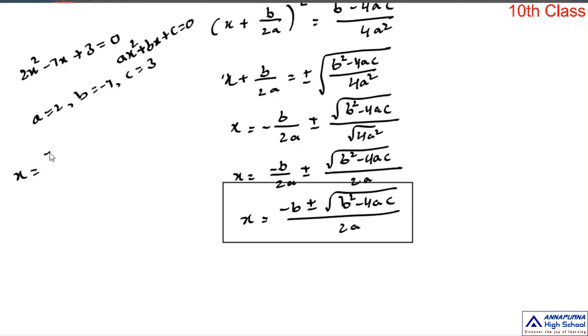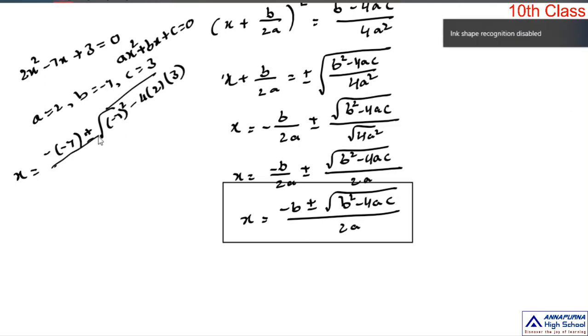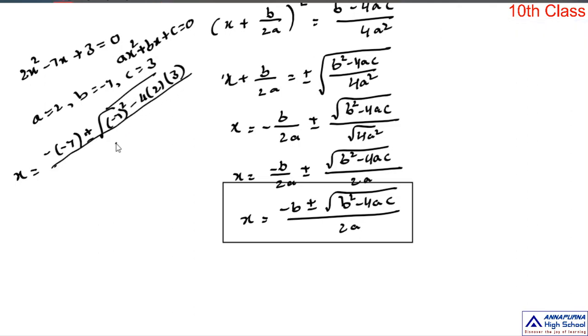x is equal to minus b, minus of minus 7. One minus is in the formula and another minus is the value of b, plus or minus root of b square, that means minus 7 whole square, minus 4a c, 4 into 2 into 3, by 2a, that means 2 into 2.